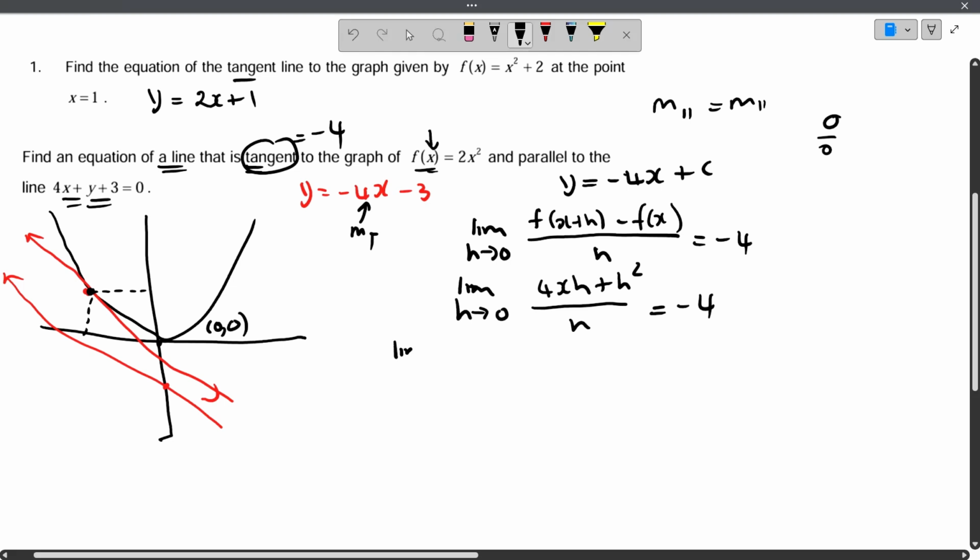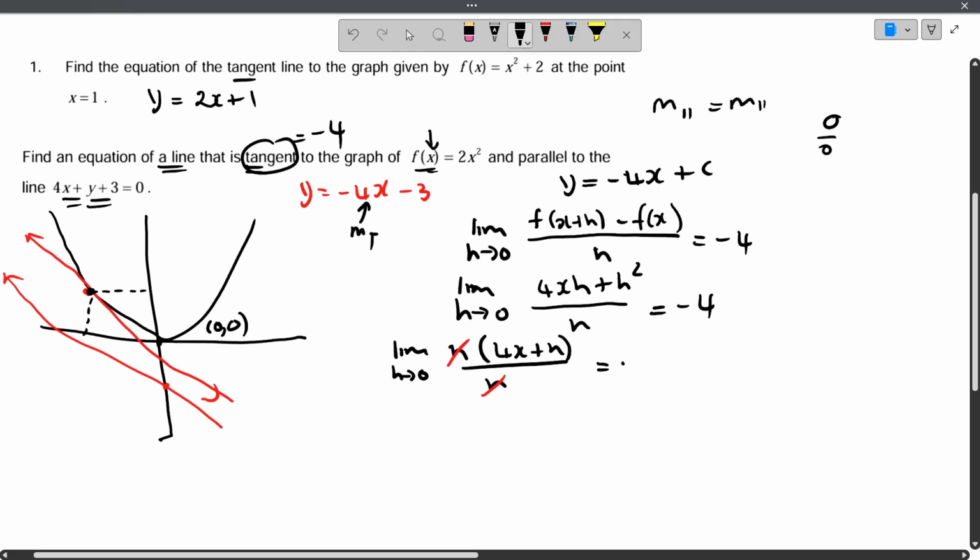Therefore, the limit as h approaches 0, you take out h, the common factor, then you're left with 4x plus 2h, all divided by h. Then you take out these two common here.